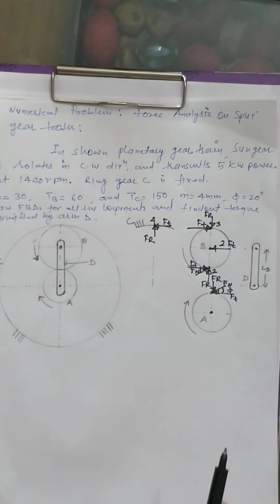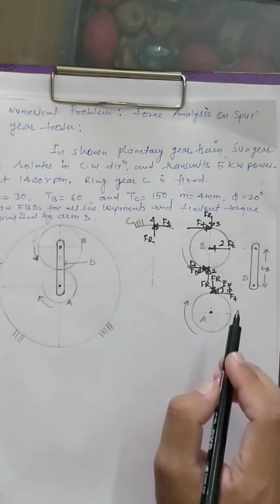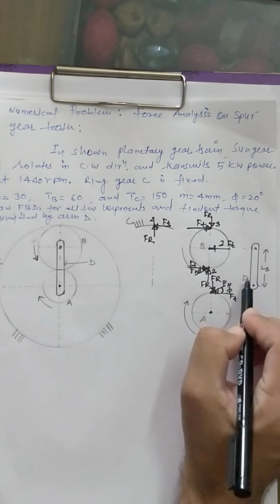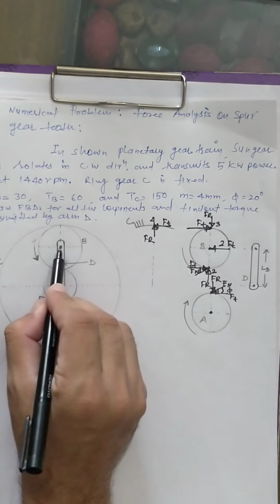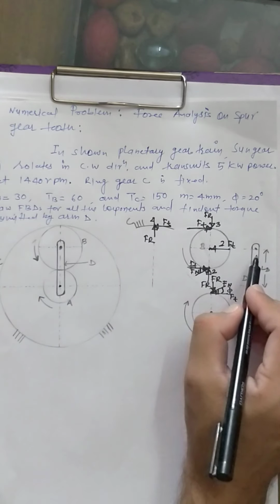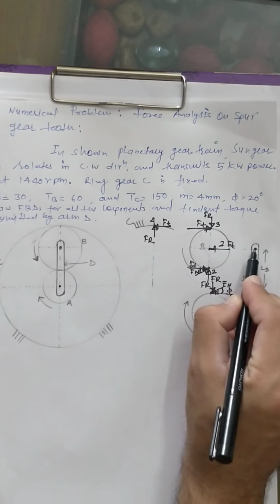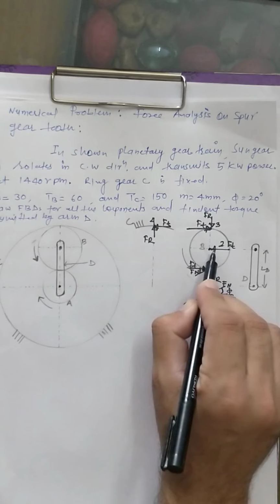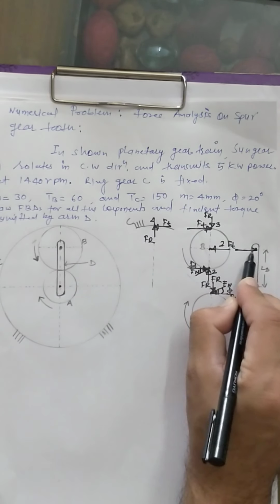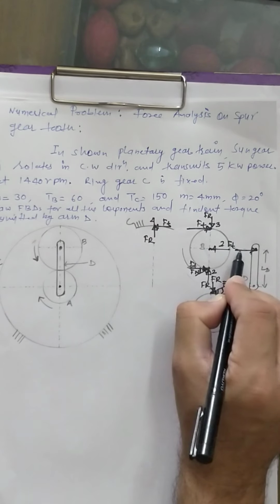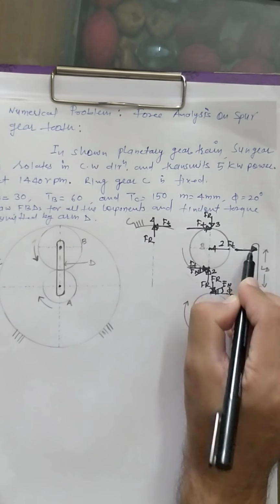So now we are considering this arm D. This arm is connected at this point, so you can say there would be one reaction force because of this 2Ft, there would be one 2Ft force in this direction, this 2Ft in the rightward direction.